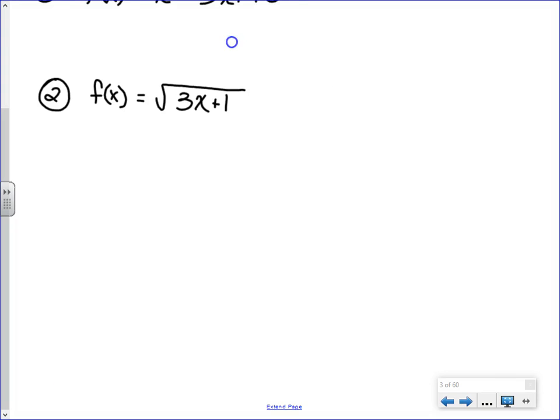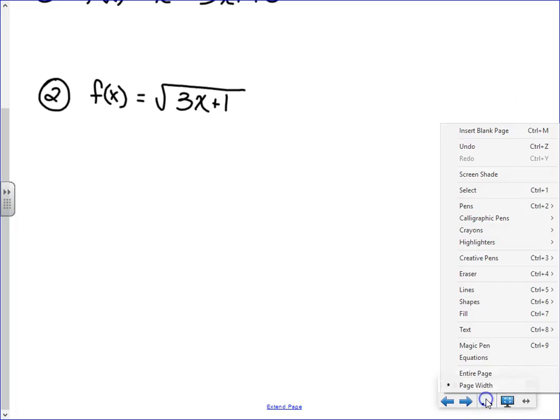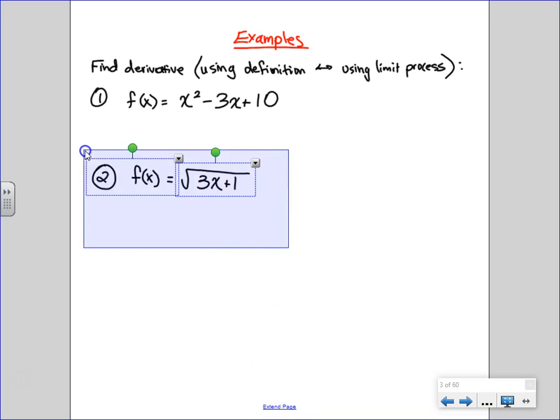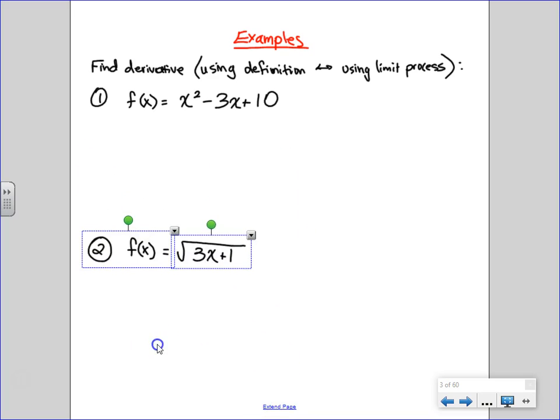Now, calibrate my board. Some of you think that you have a shortcut way of solving number 1. And just a few of you think you probably have a shortcut way for solving number 2, for finding f prime of x, the derivative of f.